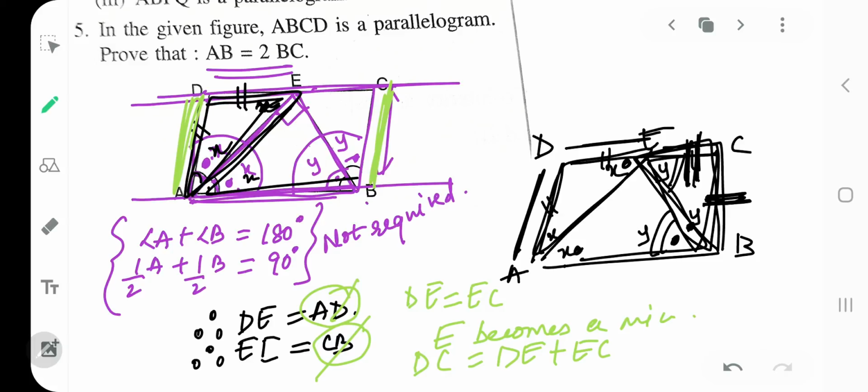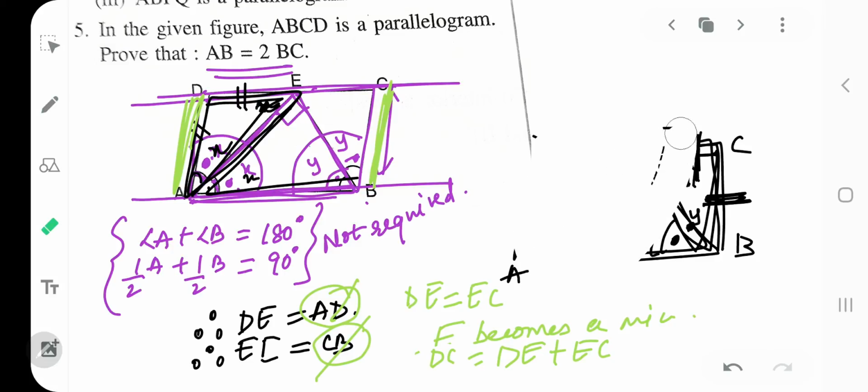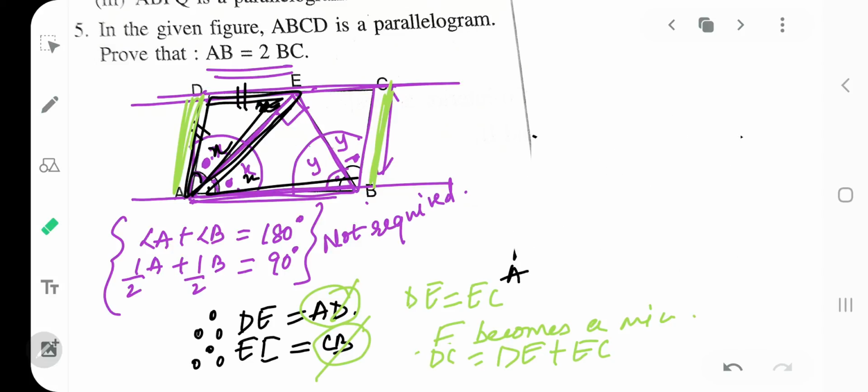So for that we can also write, instead of DC, can I write AB because DC is equal to AB? So instead of DC, can I write AB?